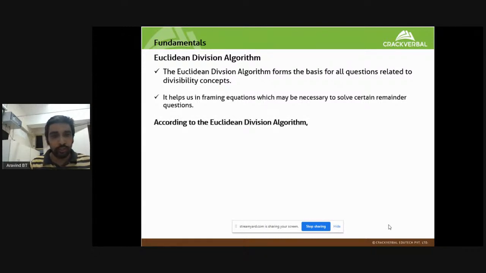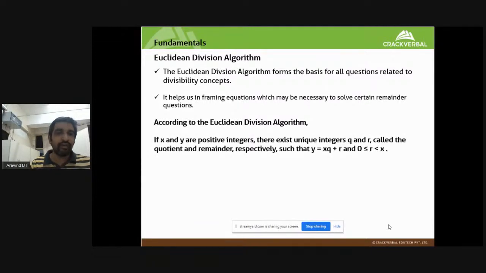According to the Euclidean division algorithm, if you have a couple of positive integers x and y, there are 2 more integers, q and r, where we call q the quotient and r the remainder. We all know this. How do we connect the 4 variables? We connect them using the equation y = x × q + r, right?